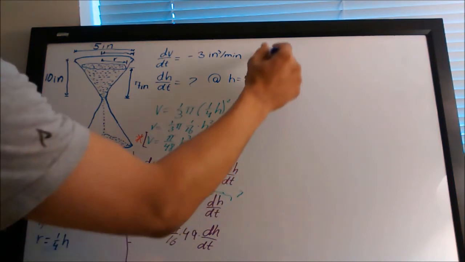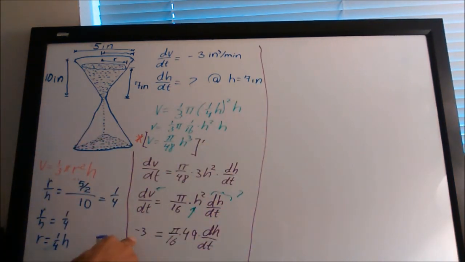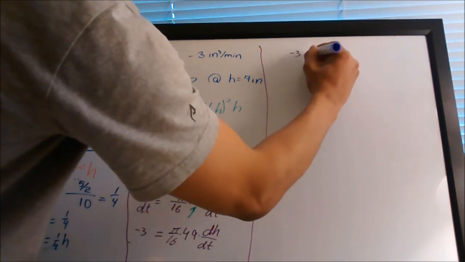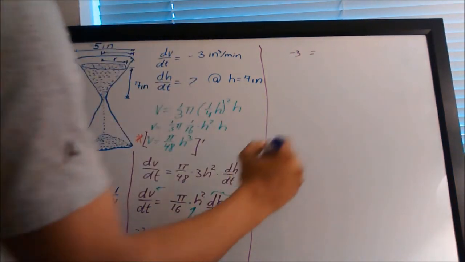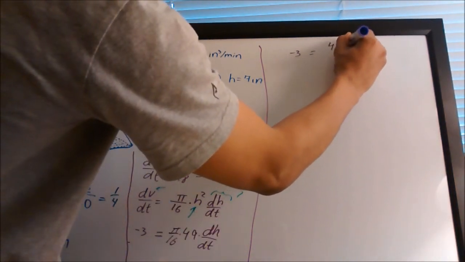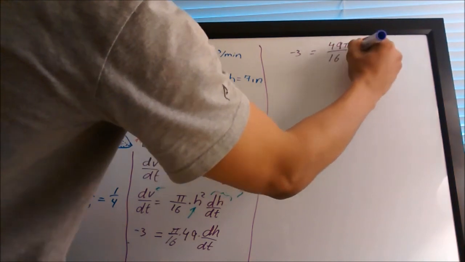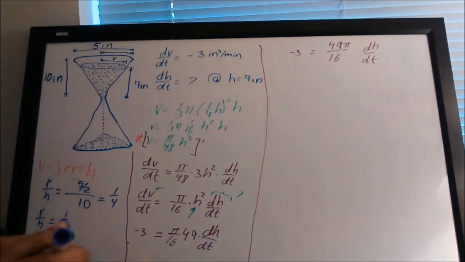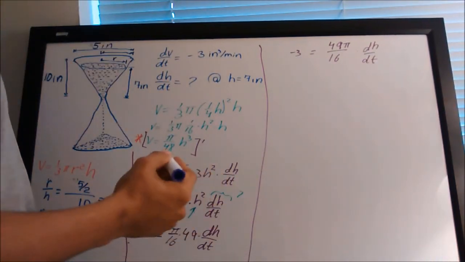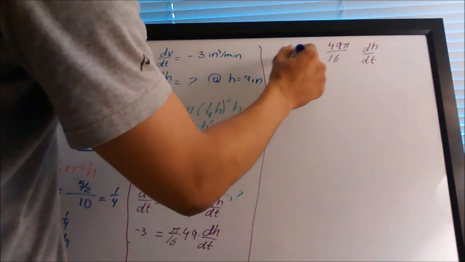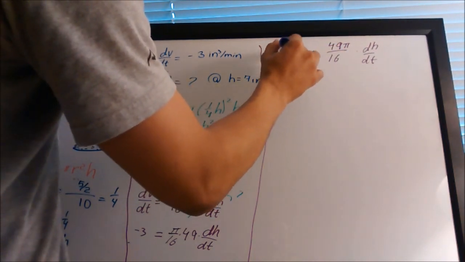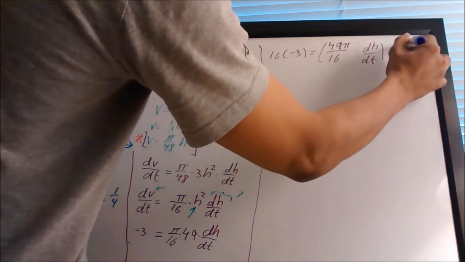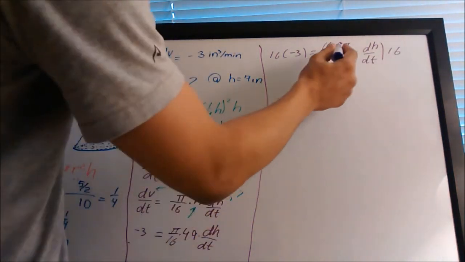Okay, I'm going to use the other side of the board now. So let me just copy this here. So -3 equals, and I'm going to write this as 49 pi over 16 times the derivative of the height with respect to time. Now, all I need to do to simplify this is multiply by 16 on both sides, and then divide by 49 pi.